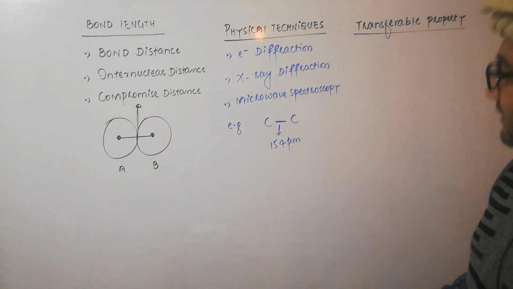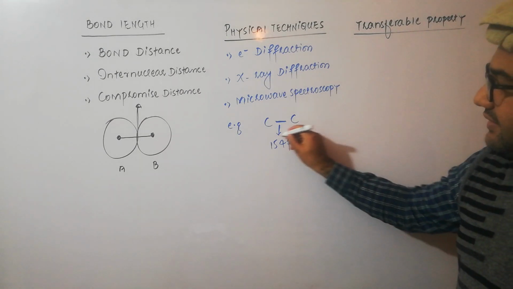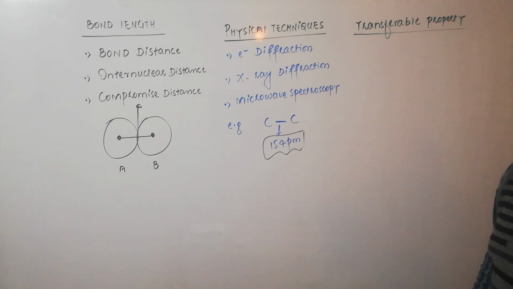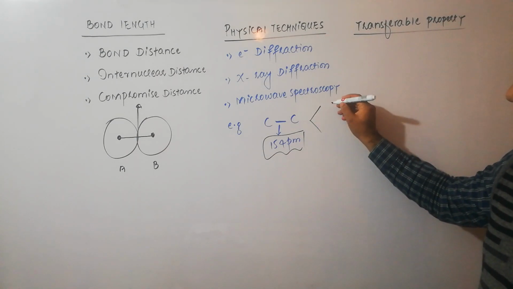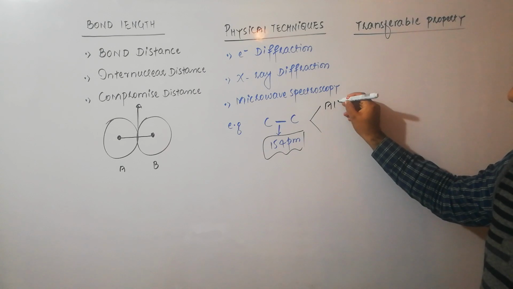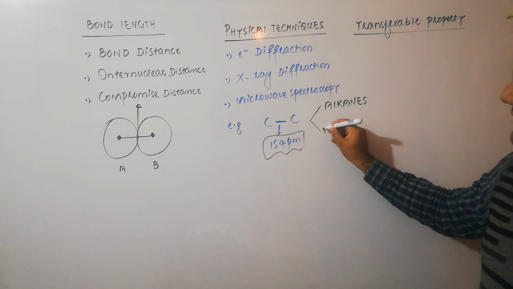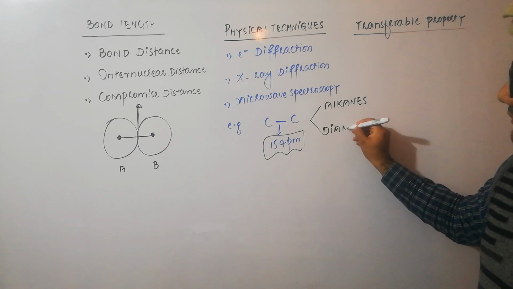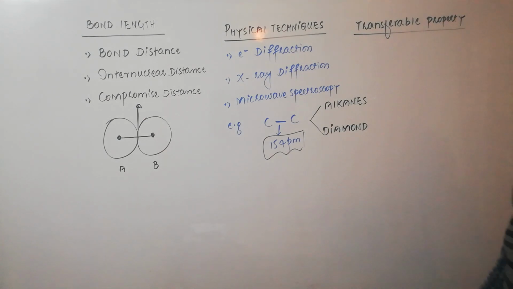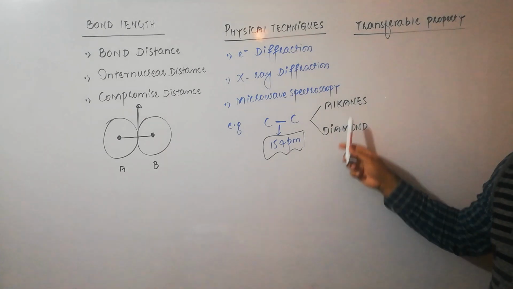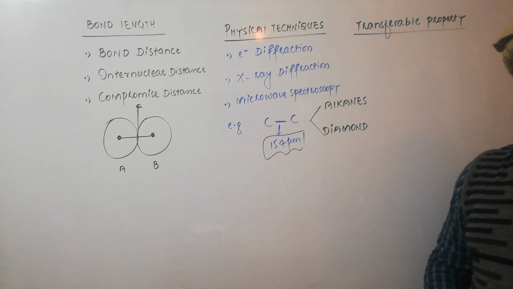For example, when we are discussing the carbon-carbon single bond, its bond length is 154 picometer. And this 154 picometer is the bond length in both alkanes as well as diamond. You can see that the circumstances are different, the nature of the molecules is different, but the bond length is the same.